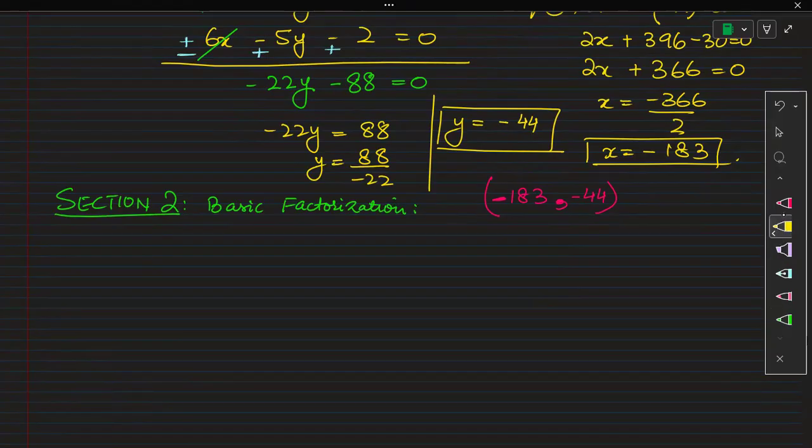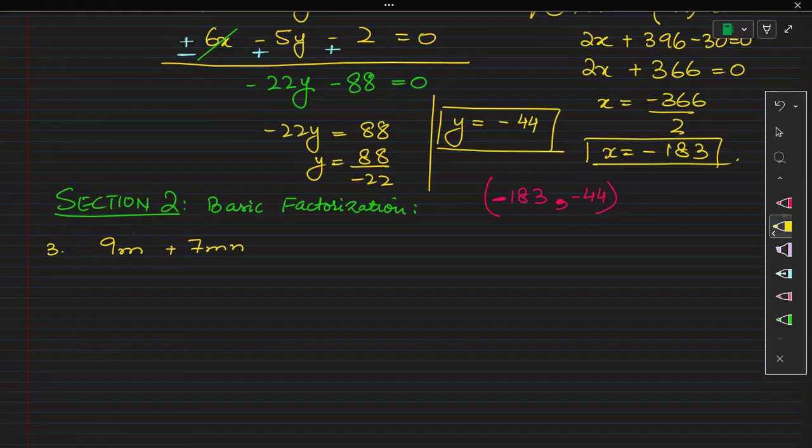Now the first question. All right. So let me start with the third one. 9m plus 7mn. So the basic rule for the factorization, remember, whenever we have an equation to factorize, we have to think about if there is any common factor.